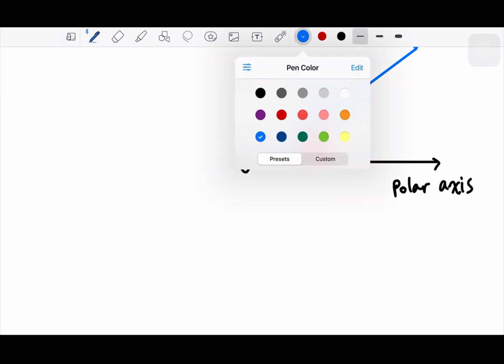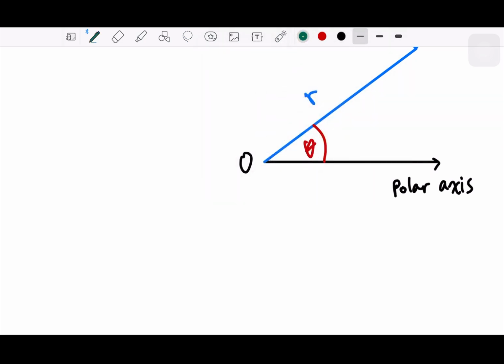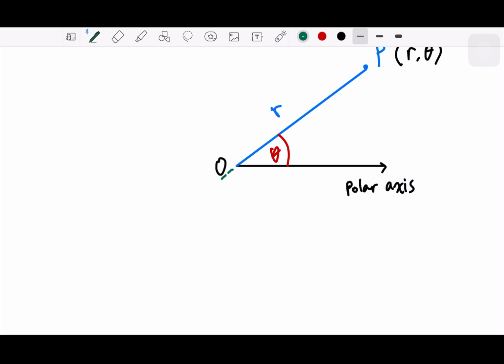Let's say we call this a negative R, with theta the same. So negative R is actually here.